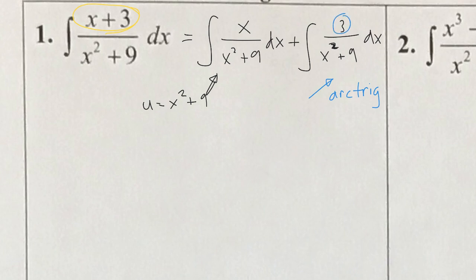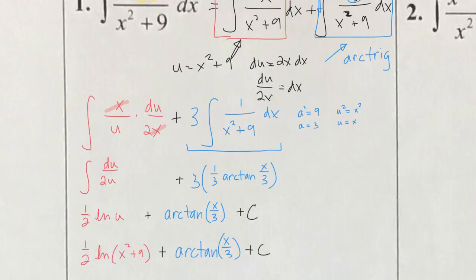I'm going to pull the 3 out to the front, because that's what we do here. So the first one I'm going to use U substitution on, and the second one I'm going to use an arc trig on. I'm not going to explain it. I'm just going to pause the video, do all of the work, and then you'll be able to see it when I come back, which will be in literally 1 second.